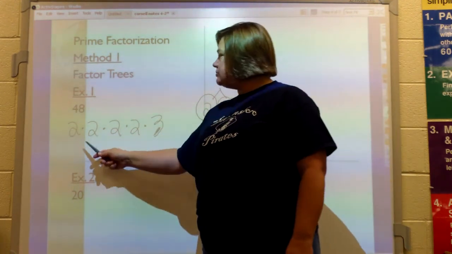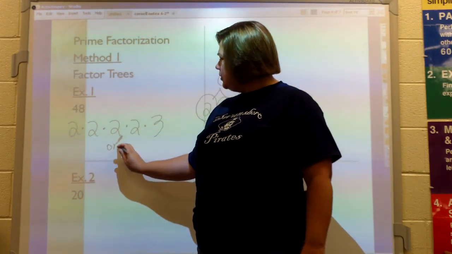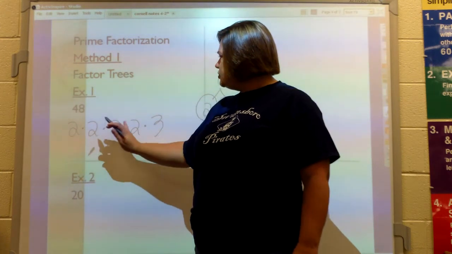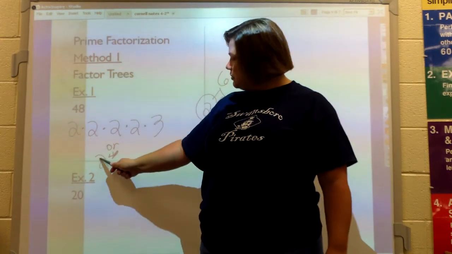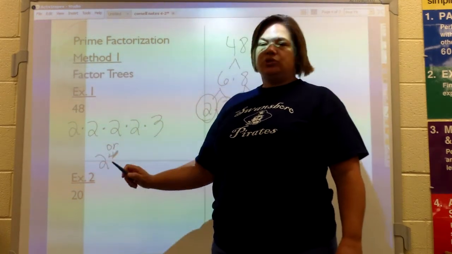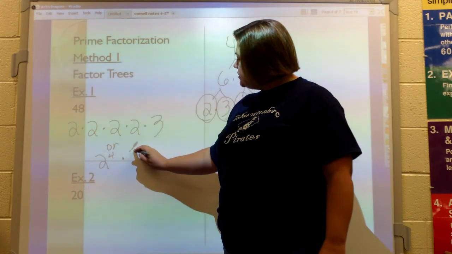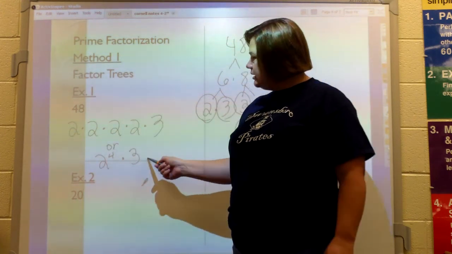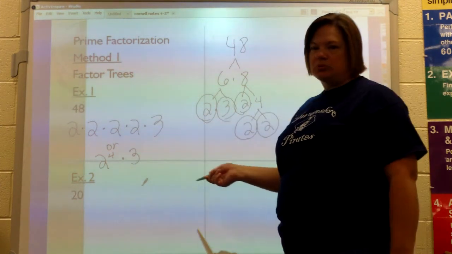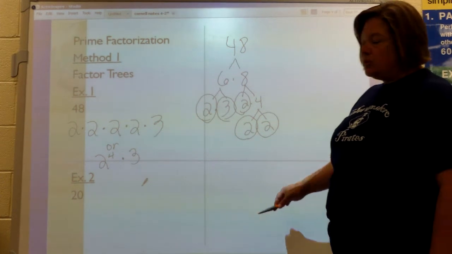Remember we did exponents a couple weeks ago, where 2 times 2 times 2 times 2 can be written as 2 to the 4th power, because 2 is my base number, and I have 4 2's, so I'm going to write my exponent as 4, times 3. So I can either write it like this, or I can write it like this. Either way is acceptable.